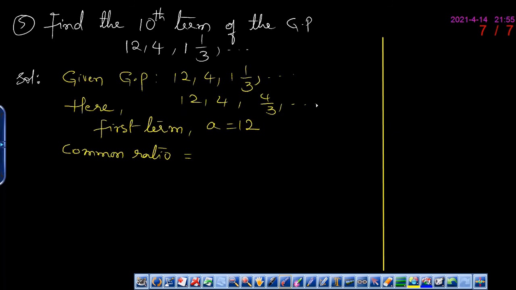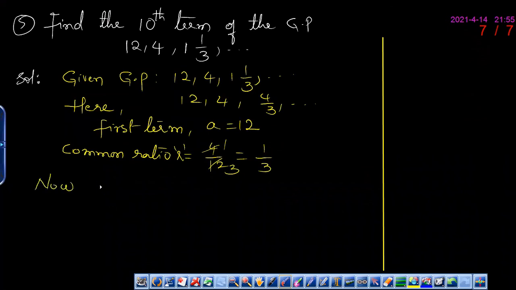Okay, sir, so the sequence is already in geometric progression. So let's find the common ratio R. 4 by 12, and 1 by 3. So it's 1 upon 3.